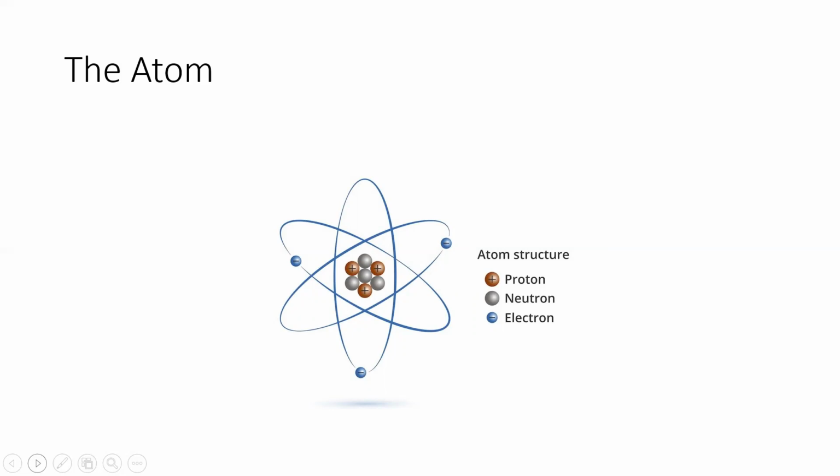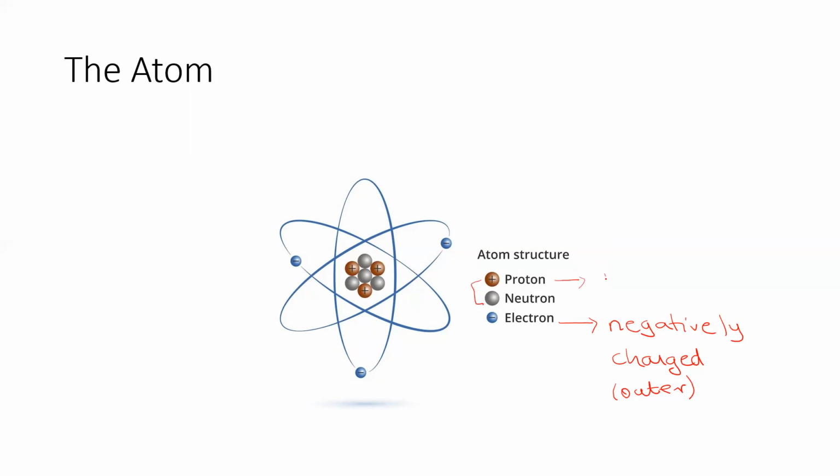The first being the electron, which is found to be negatively charged and is placed in the outer part of the atom, while the inner part consists of the proton and the neutron.